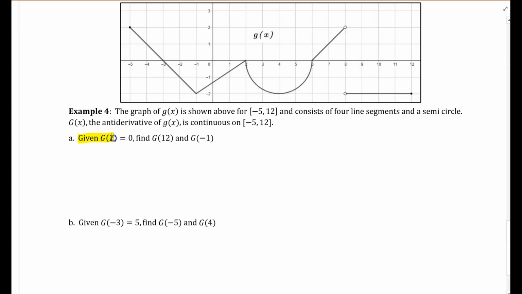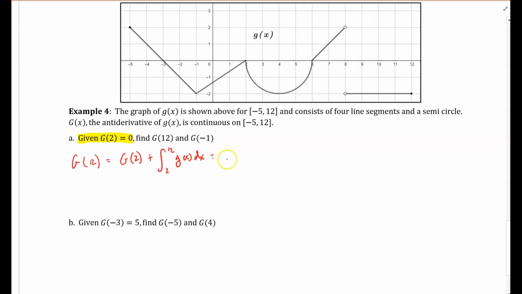Again, here's your cue to use start plus accumulation. G of 2 is equal to 0, so there's your initial value. Okay, so capital G of 12 is going to be equal to that initial value, capital G of 2, plus the integral from 2 to 12 of lowercase g of x dx.